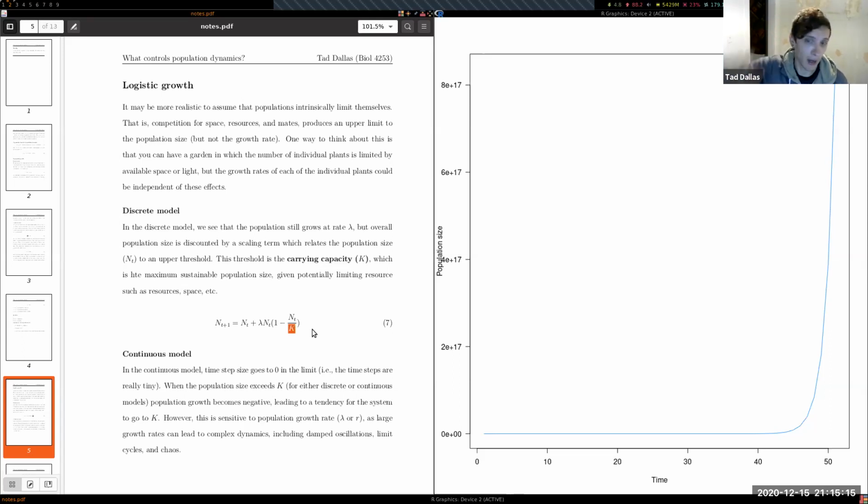The bound is K. So when K is equal to Nt, this quantity total is equal to 0. No matter what lambda is, no matter what Nt is, this entire quantity will equal 0 when Nt is equal to K, meaning the population size at time t+1 will equal the population size at time t.